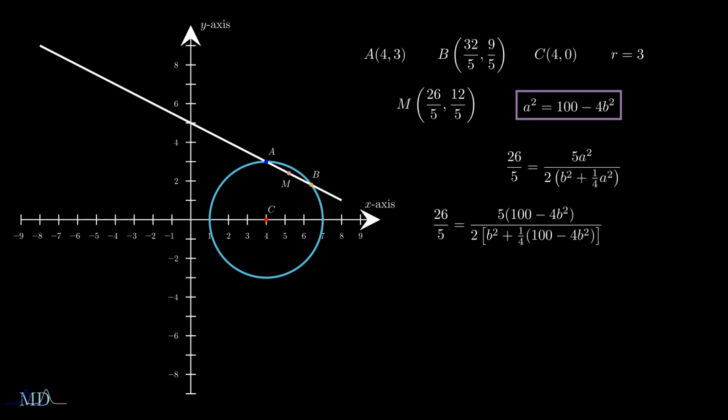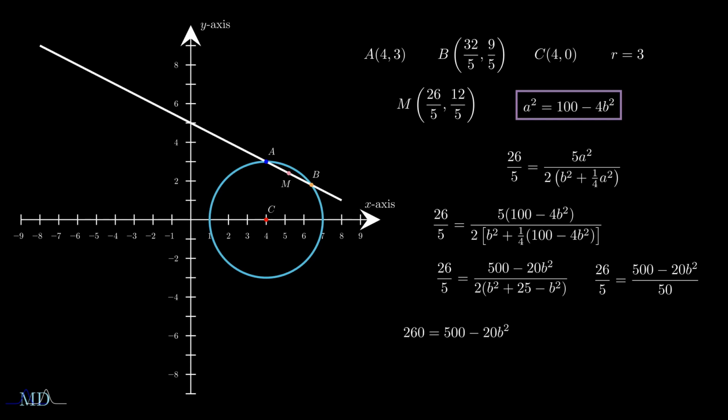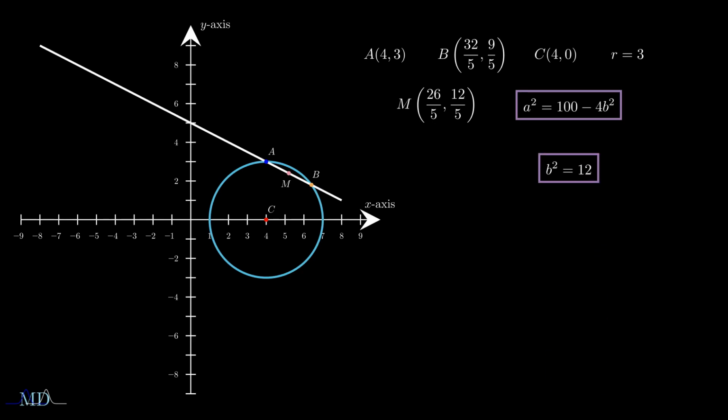We put 100 − 4b² in place of a². And with some calculations we get 26/5 = (500 − 20b²)/50. So we have 260 = 500 − 20b². Therefore 20b² = 240, and b² = 12.